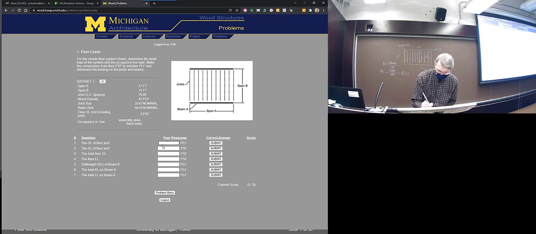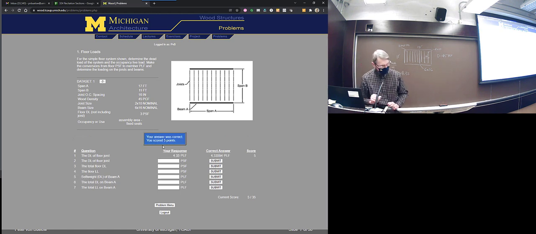Okay, so now if I can type it in. 4.33. Okay, so that works. Then we want the dead load of the floor joist again, but now in PSF.